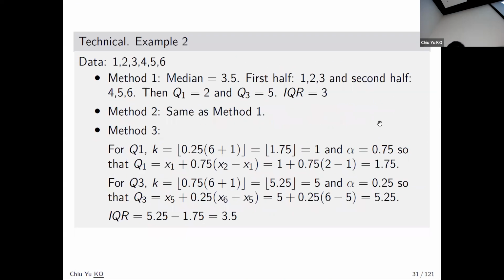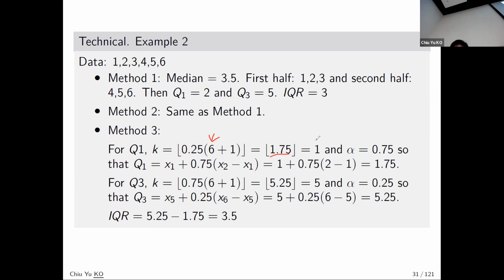So quickly, I finish this method 3 for the interquartile range. Now this question is rather simple. We have n equal to 6. 6 plus 1 is 7, 7 over 4, which is 1.75.